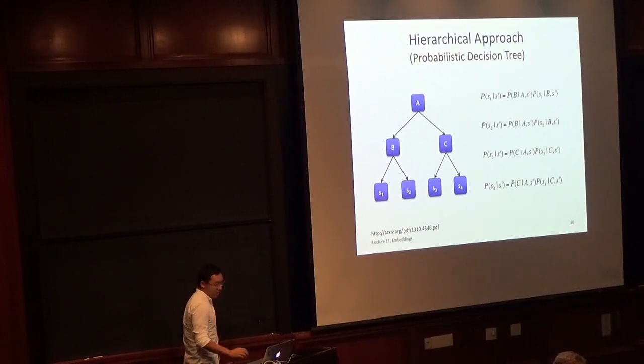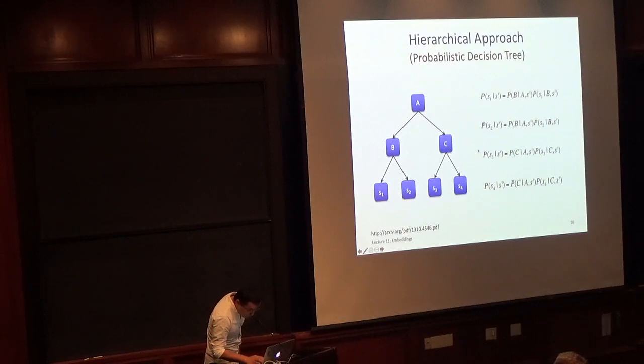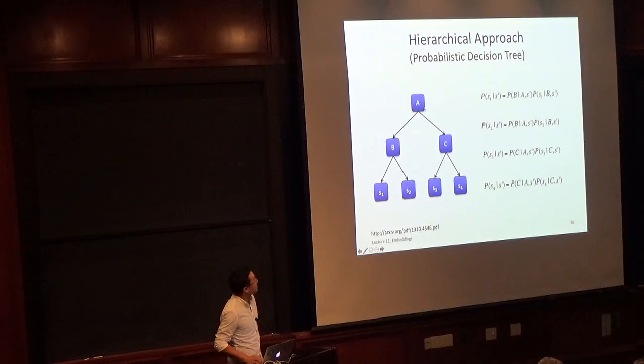So how am I going to write this? The probability of observing song S1 given song S prime can now be written as follows. I'll start with the root node.